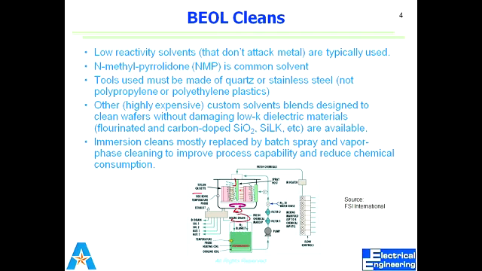But in the front end of line, we use highly reactive acids, just like Piranha clean. Piranha clean cannot be used in the back end of line process because it contains sulfuric acid, and if you have any metallic layer on the surface, sulfuric acid will actually dissolve it. So that's why you need to be careful after you start the back end of line cleaning process.